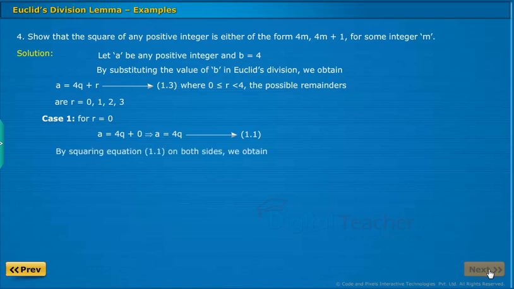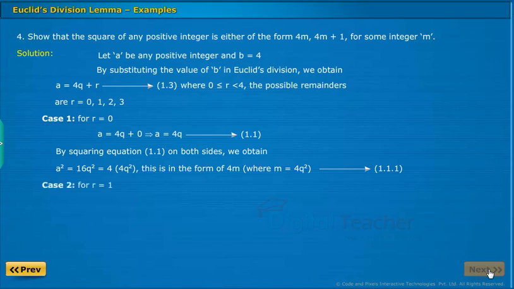By squaring equation 1.1 on both sides, we obtain a square is equal to 16q square is equal to 4q square. This is in the form of 4m, where m is equal to 4q square. Case 2, for r equal to 1. a is equal to 4q plus 1.